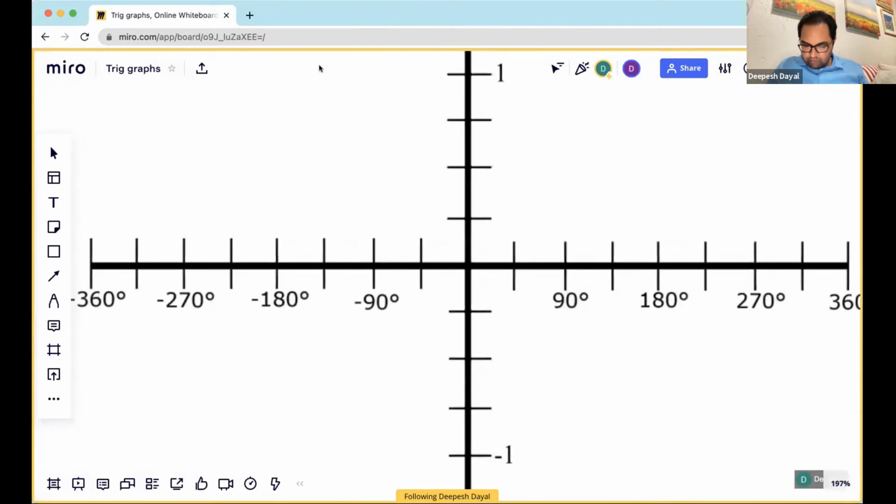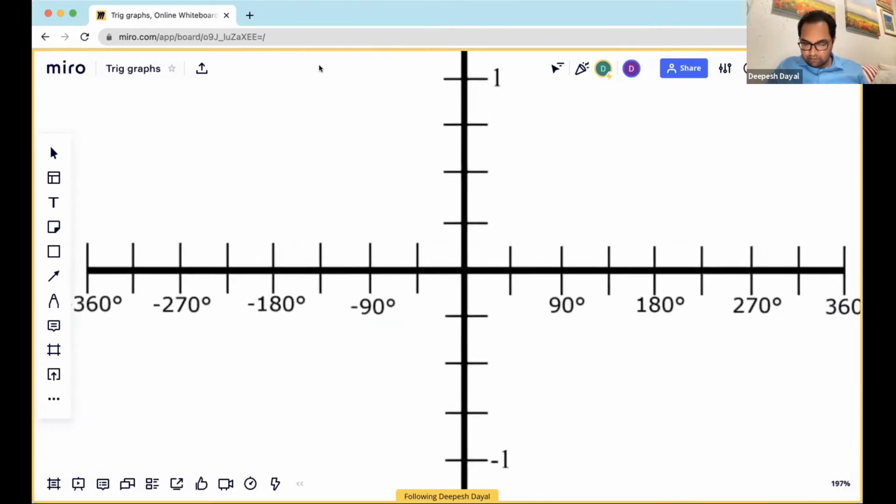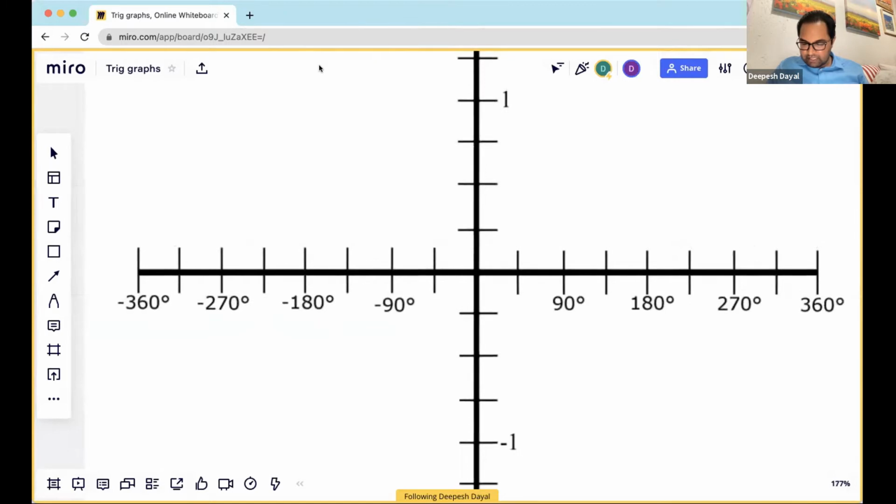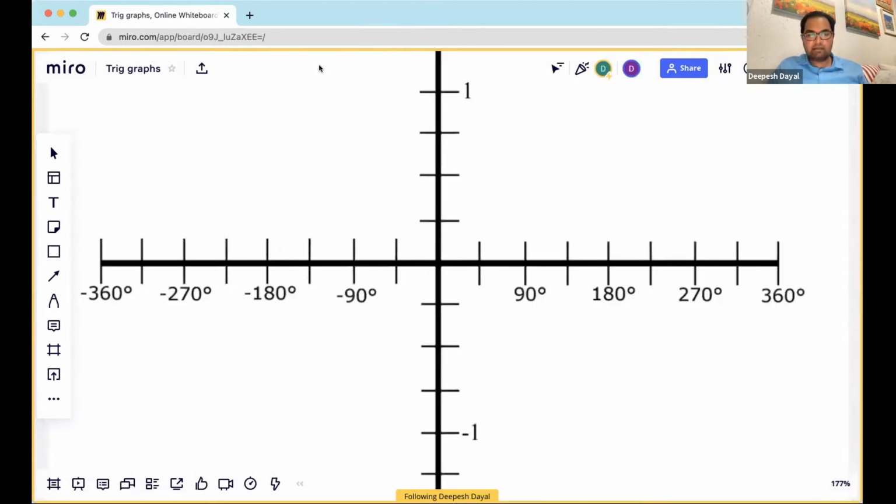You don't need to draw too many lines, even if you just want to draw the degrees, which is 90, 180, 270, and 360. You don't need to draw all the lines in between, but then 1 and -1, right? You can just draw that out, and then we're going to look at some graphs.